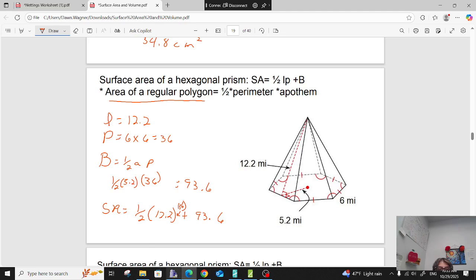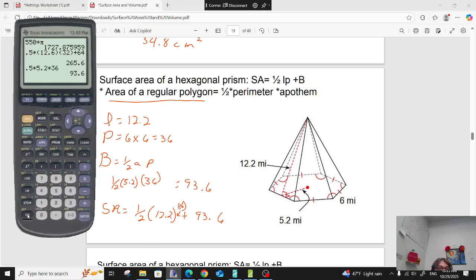Okay, right? So then you just put in the calculator, 0.5, parenthesis 12.2 and parenthesis 36. Enter.